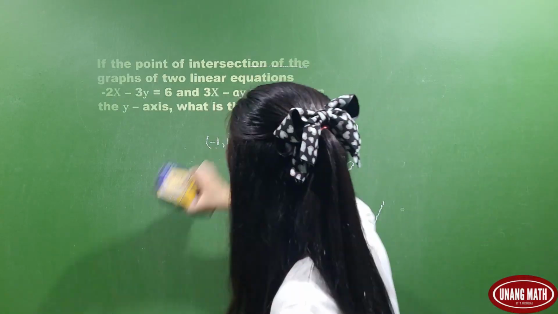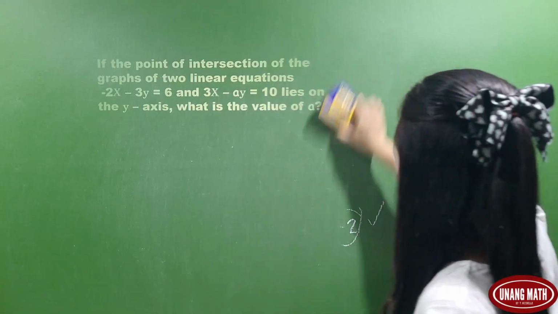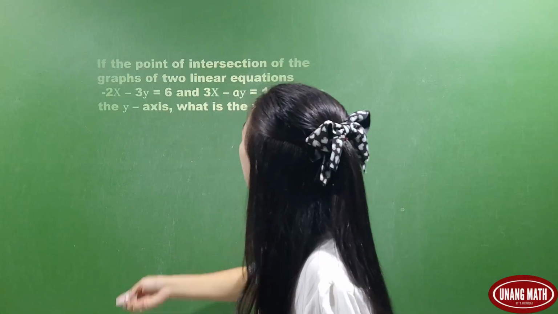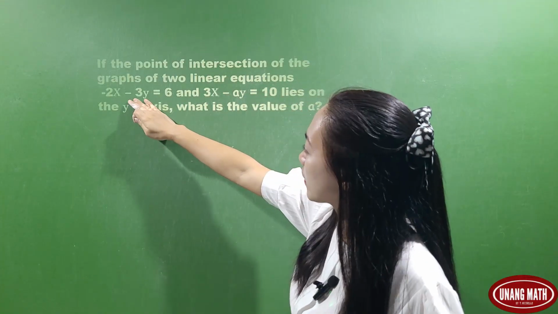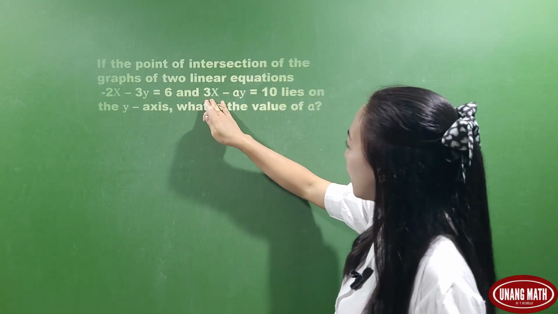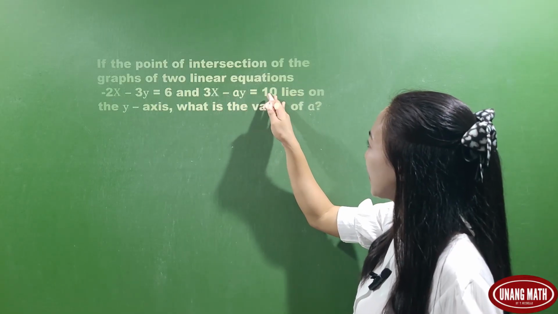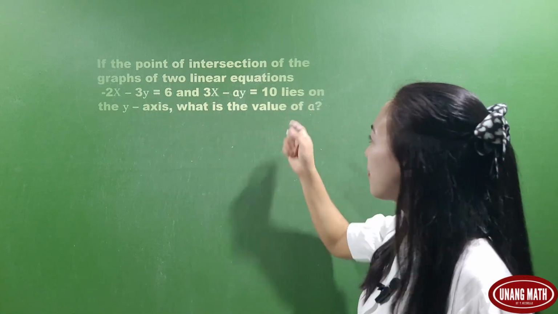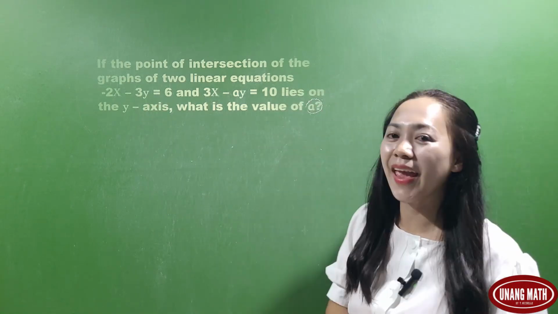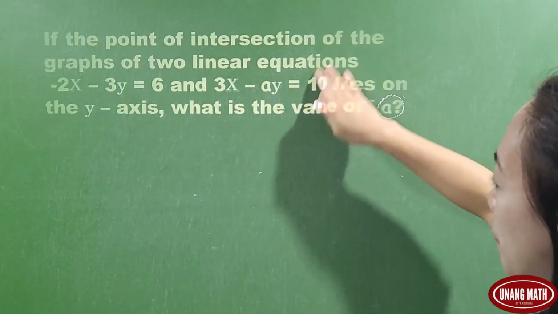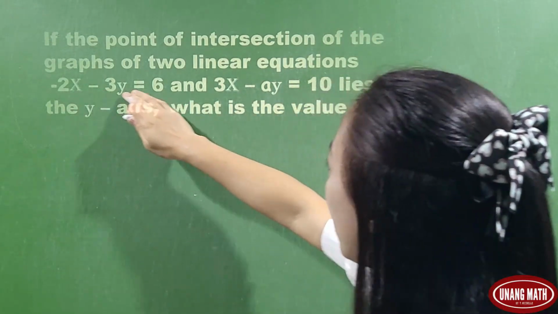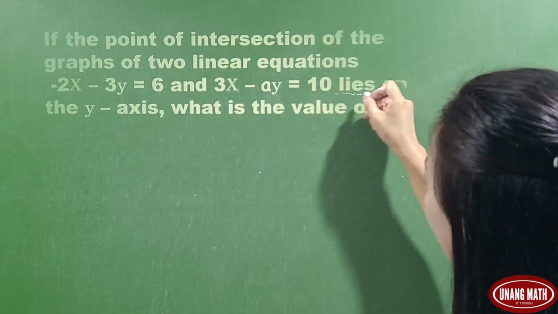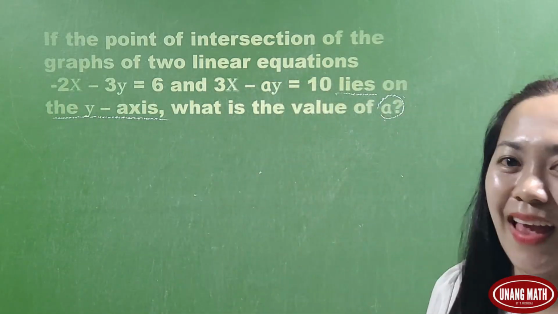Okay, for our last problem, we have this one. If the point of intersection of the graphs of two linear equations, negative 2x minus 3y is equal to 6 and 3x minus ay is equal to 10, lies on the y-axis, what is the value of a? So according to this problem, the point of intersection of this system of linear equations lies on the y-axis.